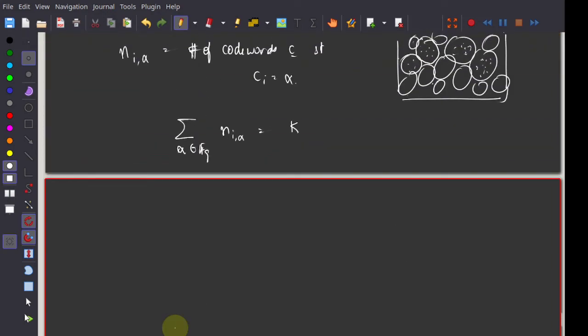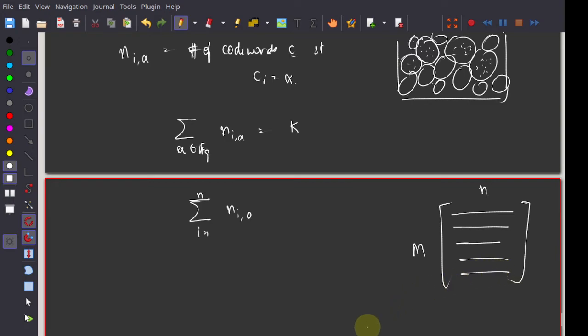Now, since I have this additional weight constraint, I look at another quantity. I look at the summation over all i of n_i0. So I have this big matrix, right? The code book matrix. It is an M by n matrix where the jth row gives me the jth code word and the ith column gives me the ith coordinate.